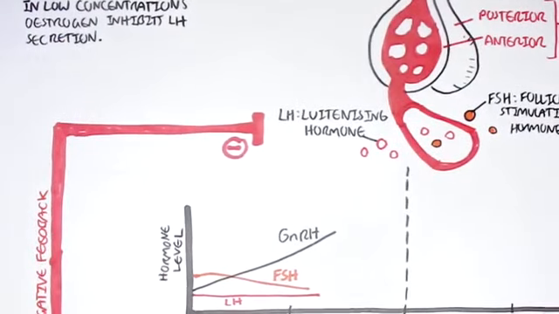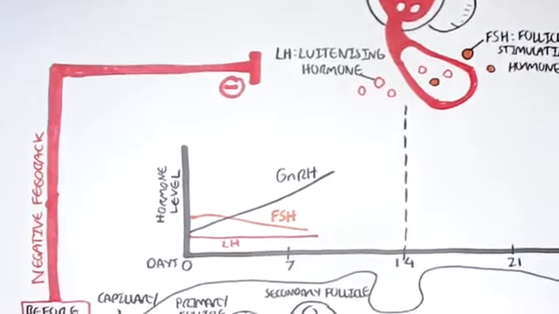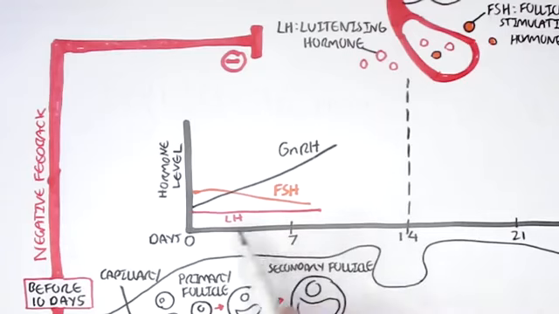And that is why we only see a steady level of luteinizing hormone in the blood. Because even though gonadotropin releasing hormone from the hypothalamus is stimulating the release of luteinizing hormone, at low concentrations, estrogen will inhibit luteinizing hormone release.